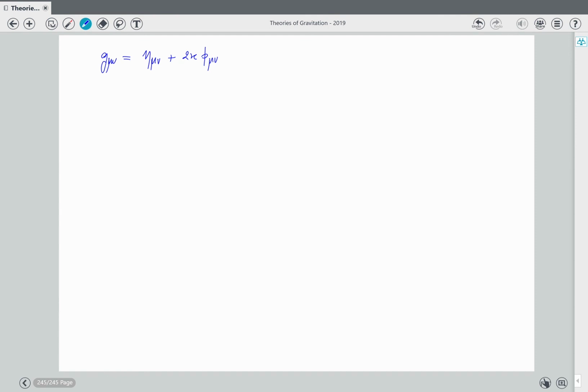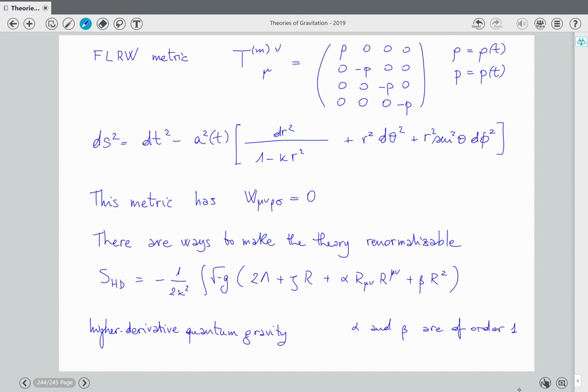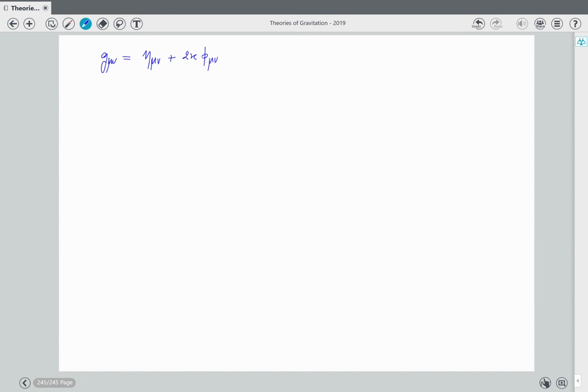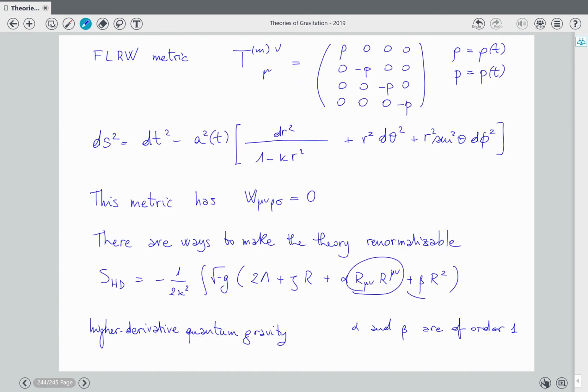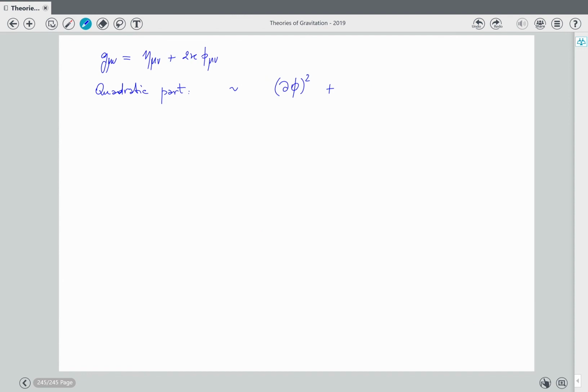So if you expand around flat space, the quadratic part here will contain not just the terms we found, but quadratic terms from here and here, which contain 4 derivatives, because those terms have 4 derivatives, something like that.